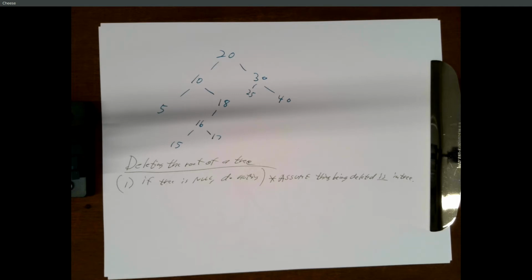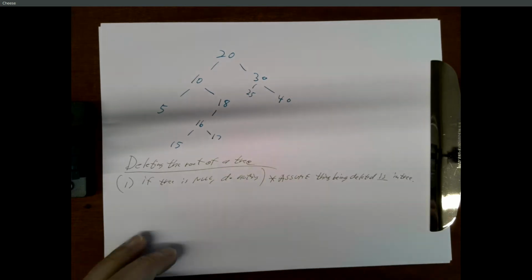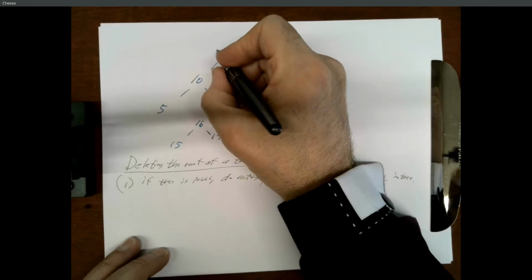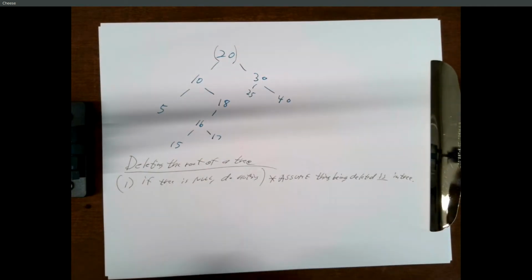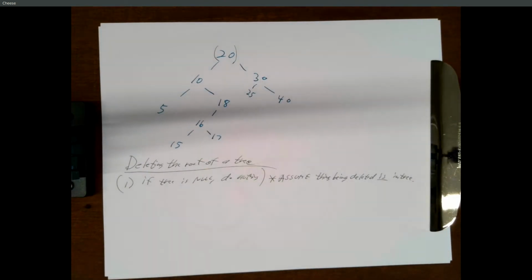So let's just look at this tree and let's brainstorm. Suppose I want to remove the 20, but I still want this to be a nice connected tree, and I want everything on the left smaller than things at the root, smaller than things on the right. So I'm going to replace the 20 with some other node.